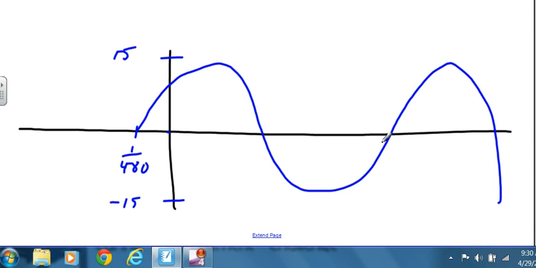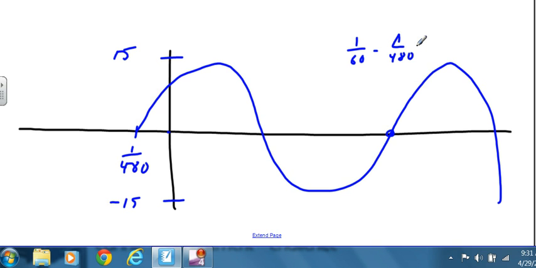And where does it cross here? 1 over 60 minus 1 over 480. And I think it's time to break out our calculator. 1 divided by 60 minus 1 divided by 480 equals, change to a fraction.